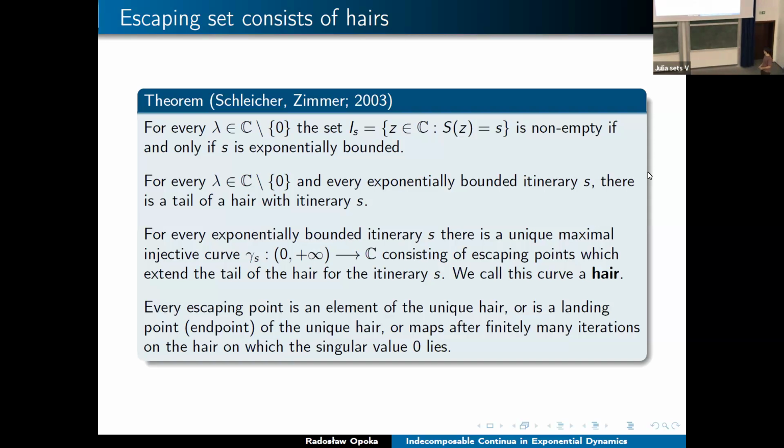It means that if this is the hair, there exists a limit on this side of the hair, and this is the endpoint or the landing point. Or there is a third condition, that the escaping point maps after finitely many times onto the hair on which the asymptotic value 0 lies.